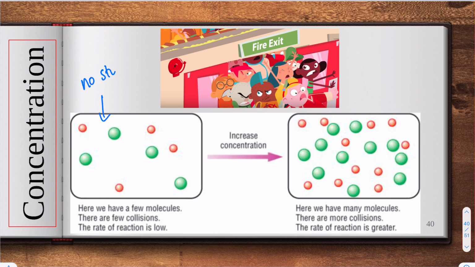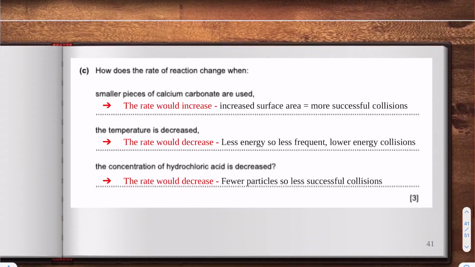This would be like having no students, or few students rather. And this would be like having huge classes. And then when the bell went, everybody would be milling through the corridors, and so there'd be a lot more collisions. Statistically speaking, if we have more collisions, we get more successful collisions. Simple. So we'll get a faster rate of reaction.